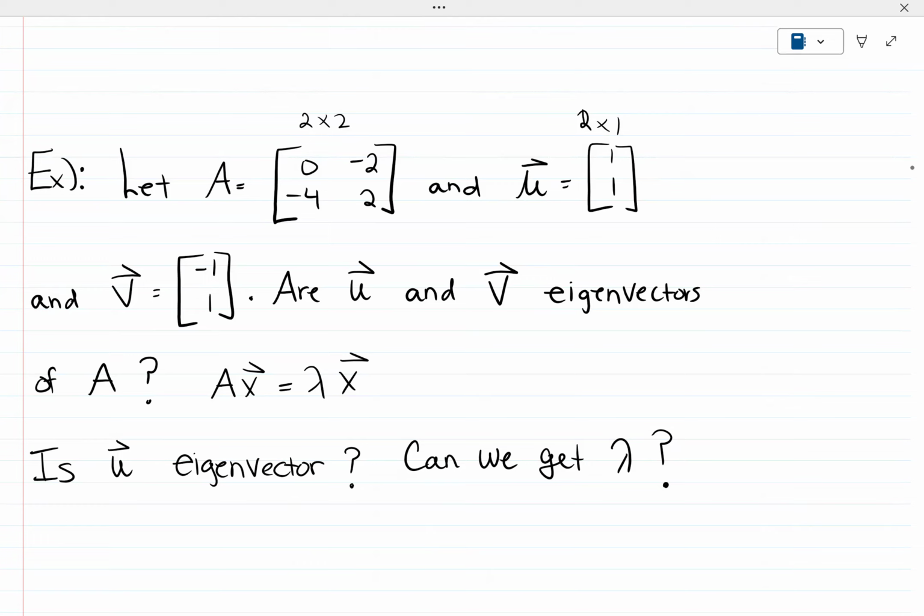So what they're saying is, does A times vector x equal lambda times vector x? Is vector u an eigenvector? Can we get lambda? Okay, so they're asking quite a few things. Let's do this part. What's A times x?